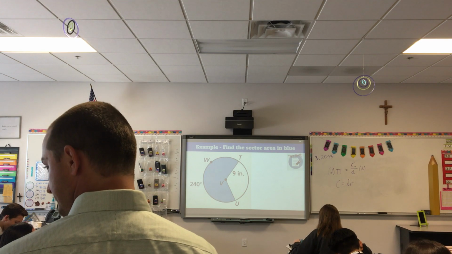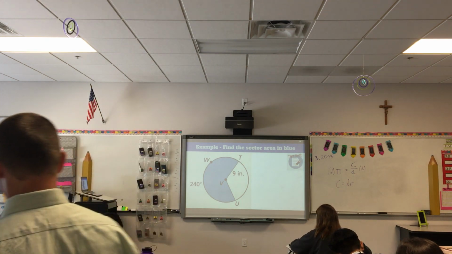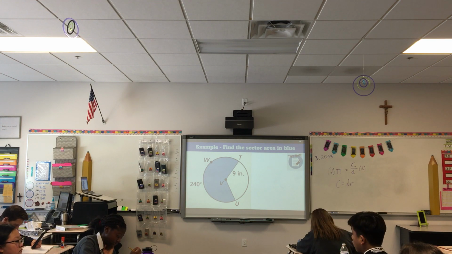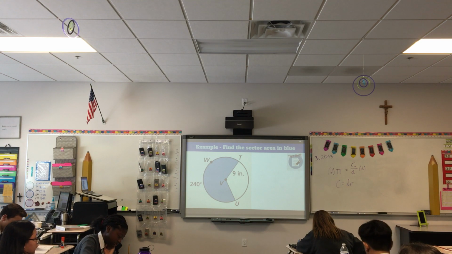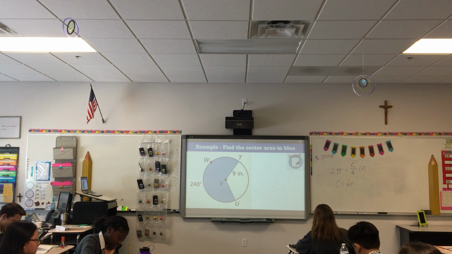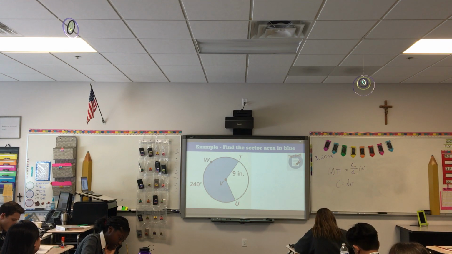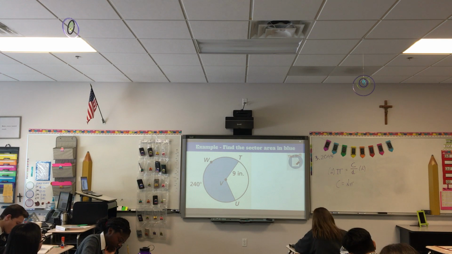Is there like a button for pi so we don't have to use this number? If you're gonna leave it in terms of pi, you don't really need it. So can we just multiply these two numbers and then divide by it? You can cross multiply it. Yep, multiply those two and then divide by that. But remember, we gotta leave it in terms of pi because I want an exact answer.